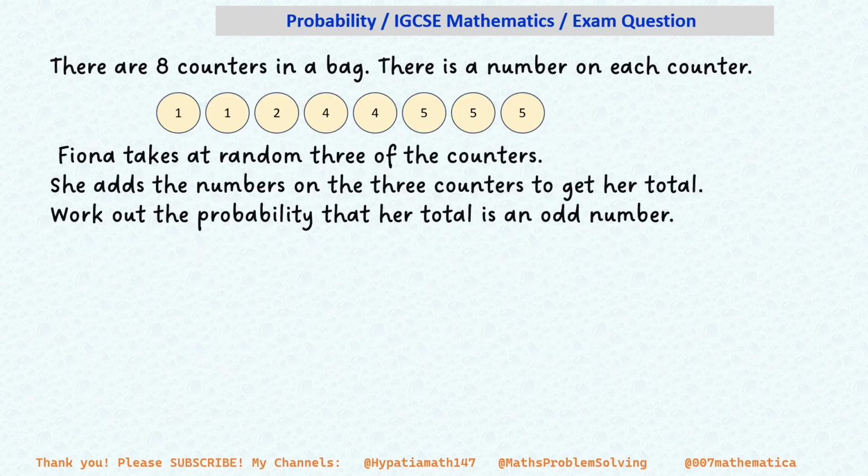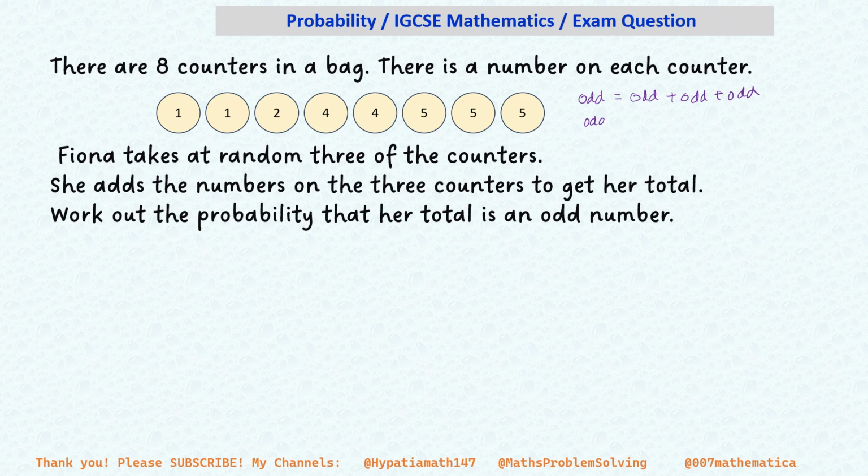So we need to work out in how many ways you can get an odd number. The total is odd, so you could have odd plus odd plus odd, which will give you an odd number.